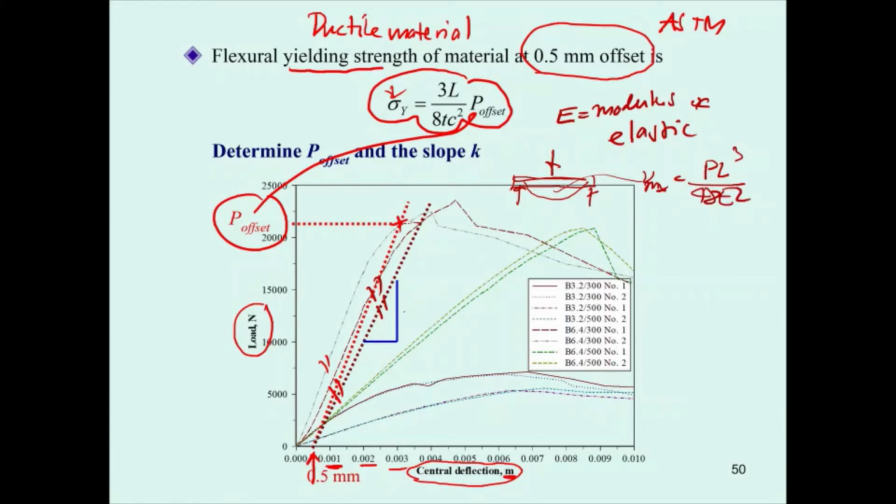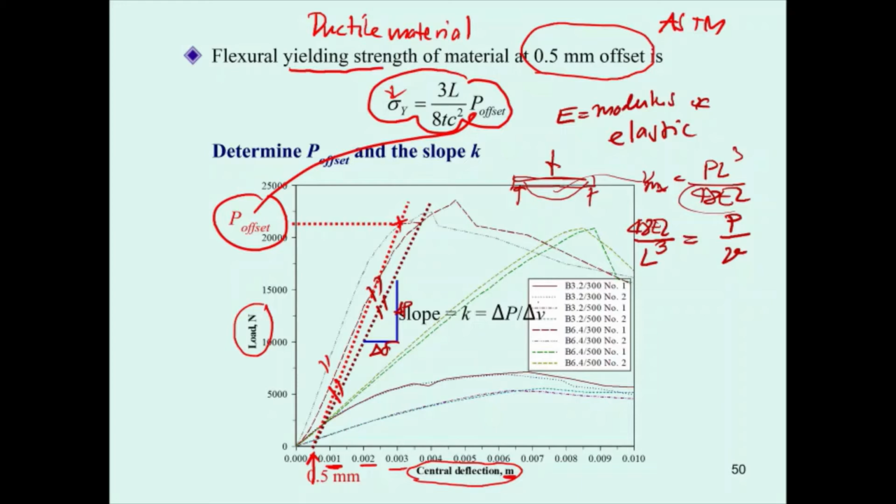You can see this is delta P and this is delta, and you may find the slope by delta P over delta. So by doing this, you may put P over V, you put the V down, and then you move 48EI up, divided by L to the power 3.